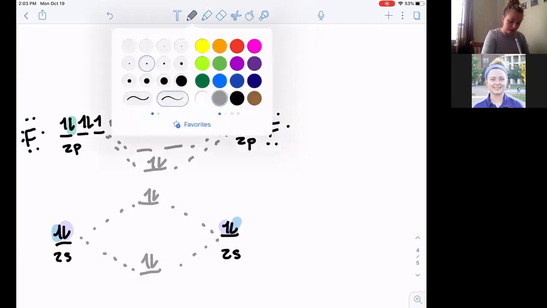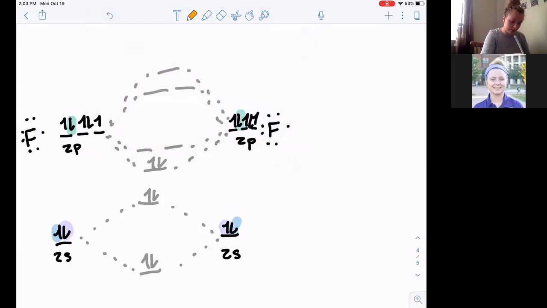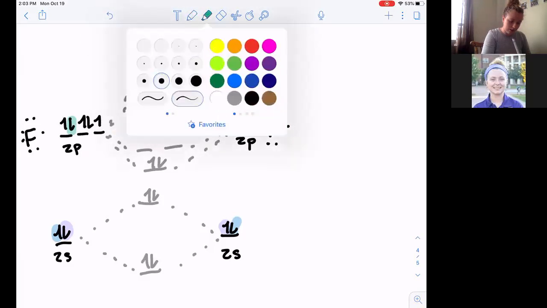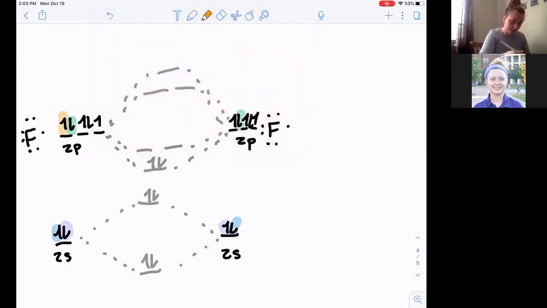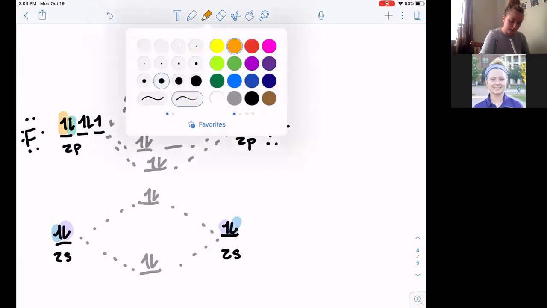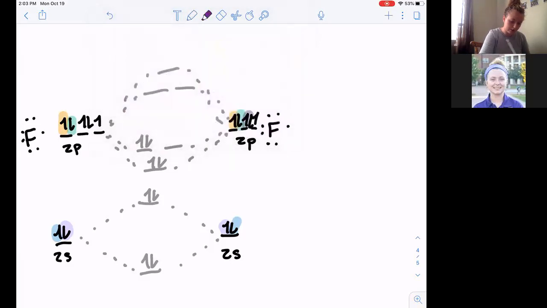I need an, oh goodness, wrong color. I need an electron to fill in right here. I need another electron to go over here.